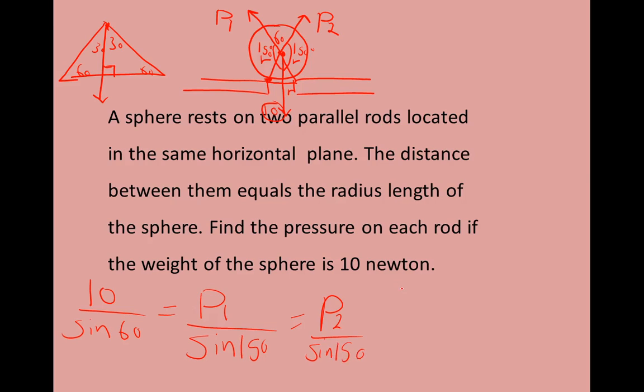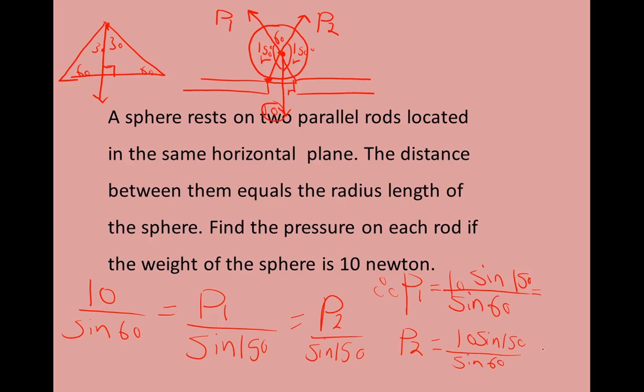Then P1 equals 10 sine 150 over sine 60. Also P2 equals 10 sine 150 over sine 60.